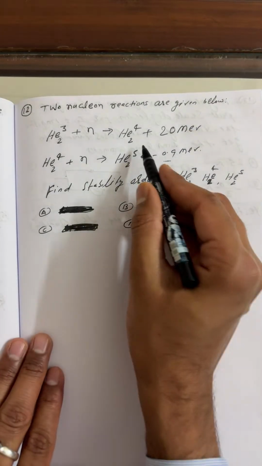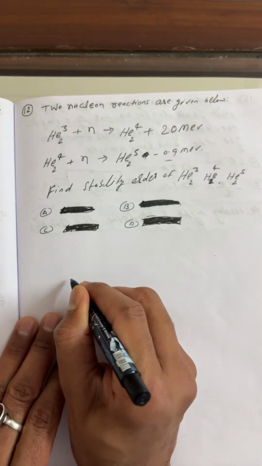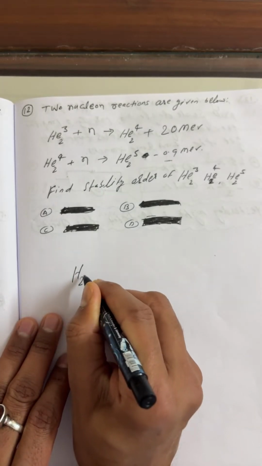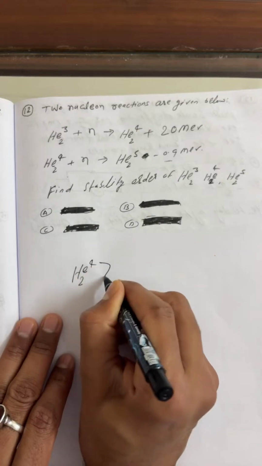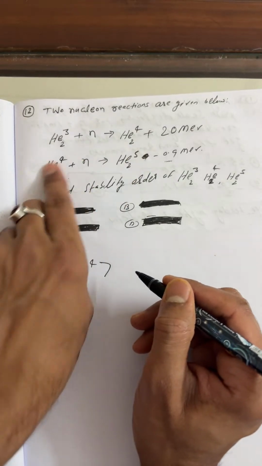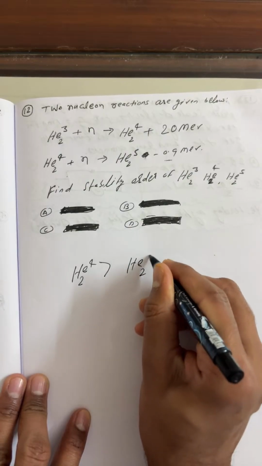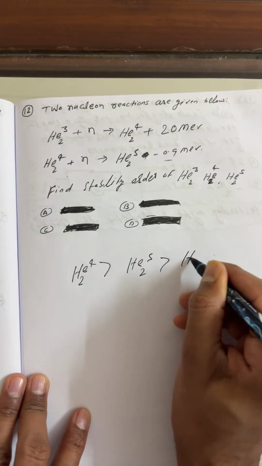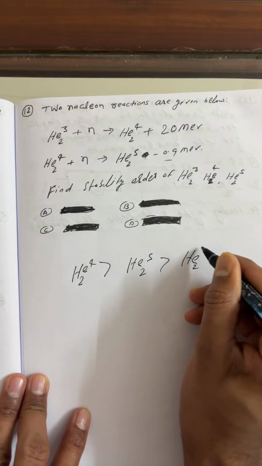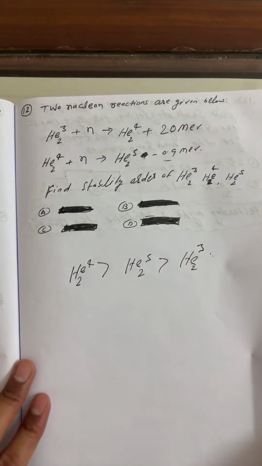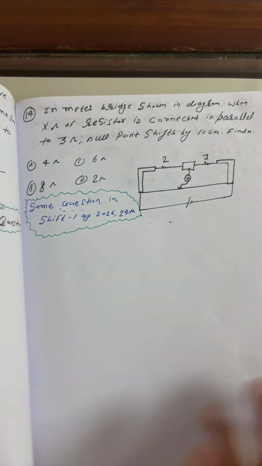So I can say this particle has maximum stability. So you can write He 2 4. Then bacha, these two are identical. Then beta, this is He 2 5. Then bacha, He 2, and this is 3.